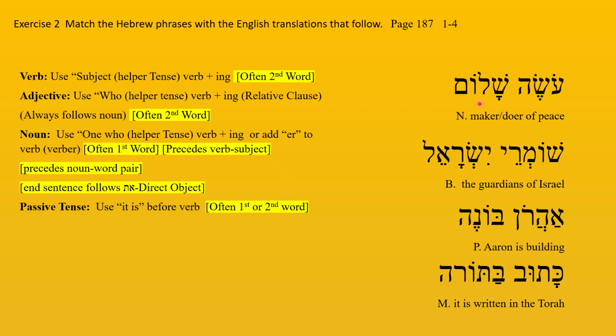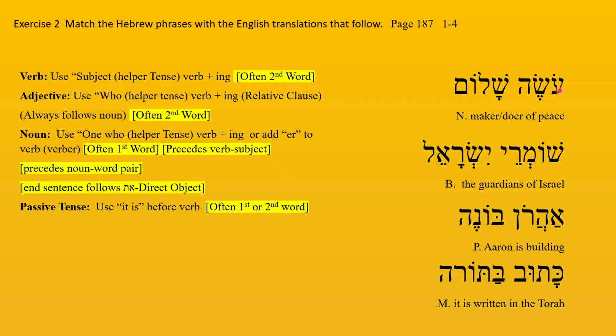So, Osei Shalom, the author translated as maker or doer of peace. Osei is the participle. You know that because it has the cholim in the second position, or it could be a cholim vav in the second position. That tells you immediately this is a participle. You know that the verb asa is to do or make.